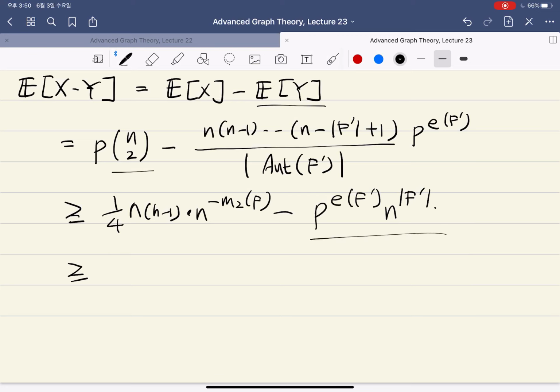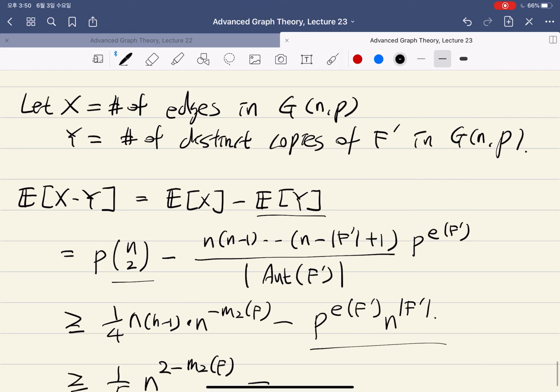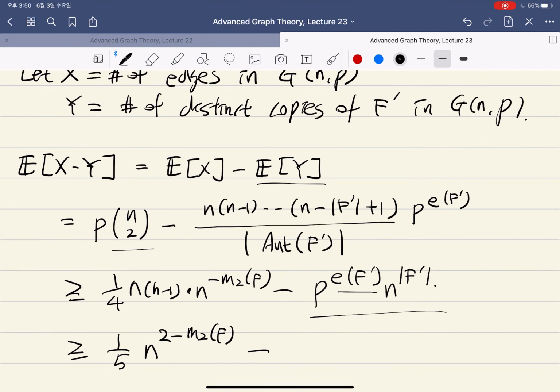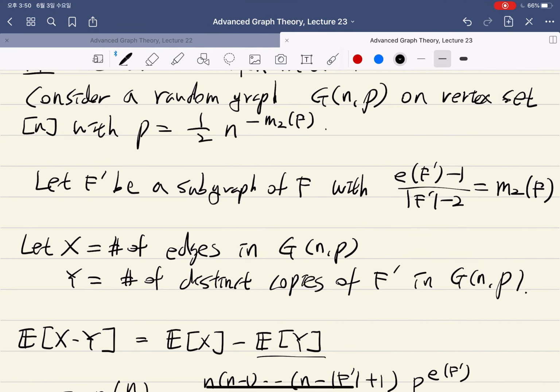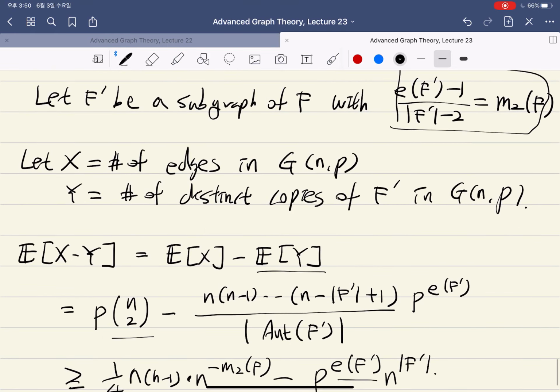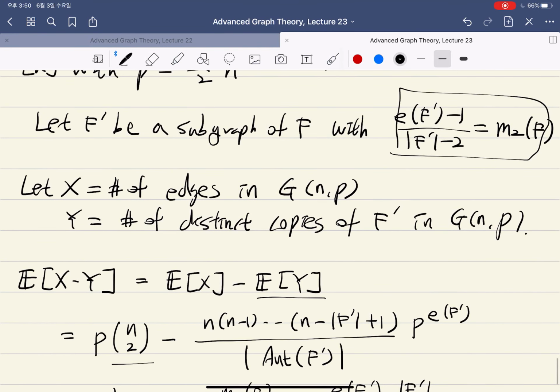Then what's this? This is 4, let's say this is 5, at least 1 over 5 times n to the 2 minus 2 density of F. And this is the same as, we know this inequality.